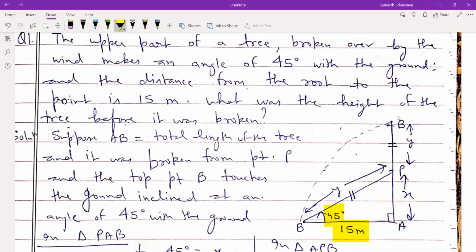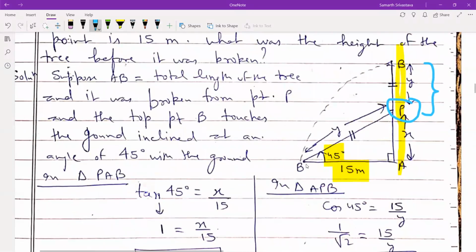I have drawn the diagram in which AB is representing the complete length of the tree. And suppose it is broken from point P. That means the broken part PB falls down and touches the ground at point B and it is inclined at an angle of 45 degrees.